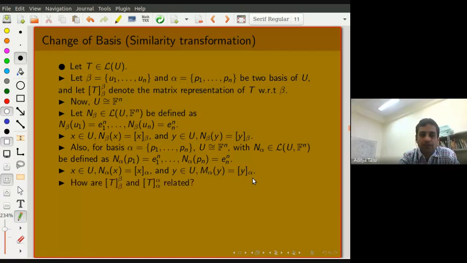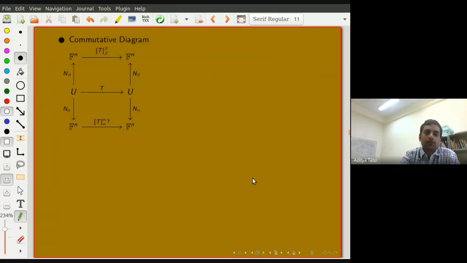Yes. So using this, can we find the relation between T beta beta and T alpha alpha? Let us look at this particular diagram. You are given this vector space U, let's say for now, representing the domain of your linear transformation T, and this U represents the codomain. If I choose a particular basis beta, then n beta is an isomorphism from U to this particular copy of Fn.